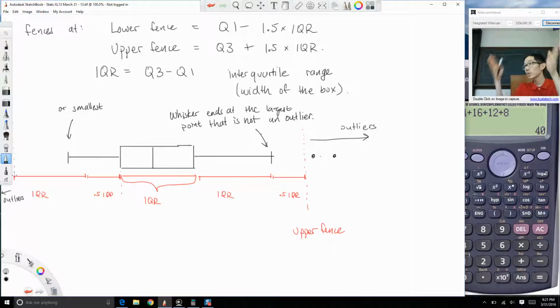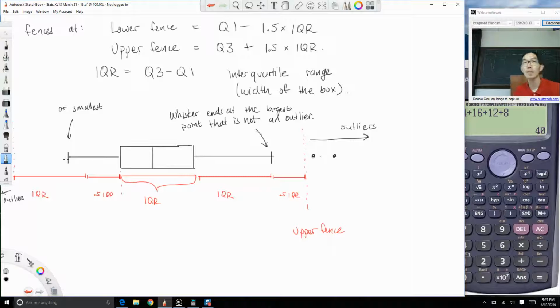These set up invisible lines called the fences, and that's what distinguishes what is an outlier versus what is not. Anything outside of that is an outlier. Anything inside is not, and your whiskers go up to the biggest point in your data that's not an outlier, or your smallest data point that's not an outlier.